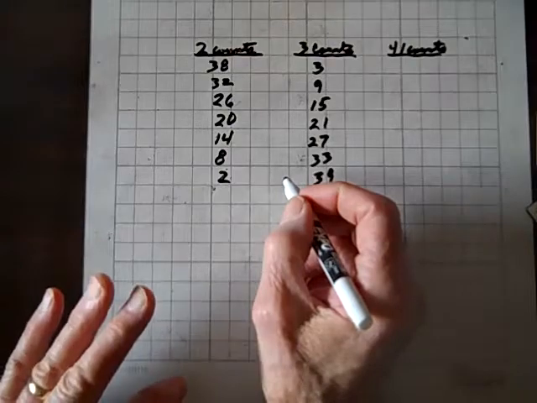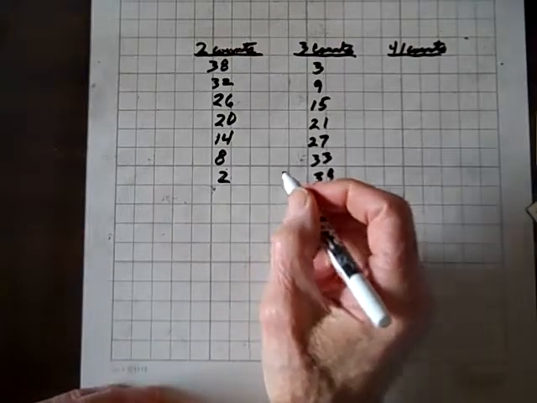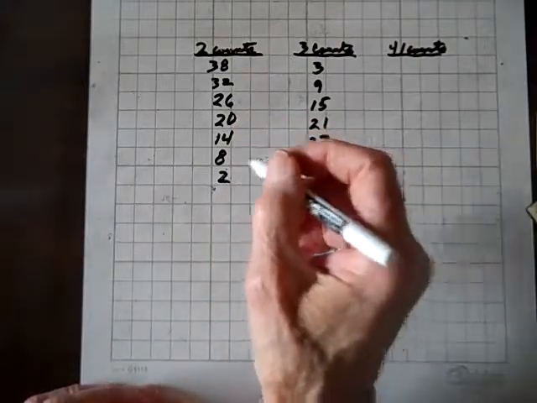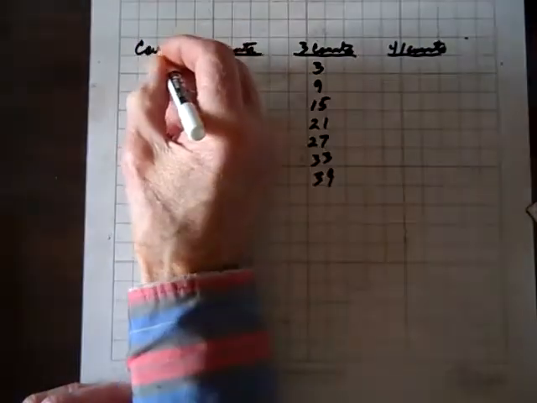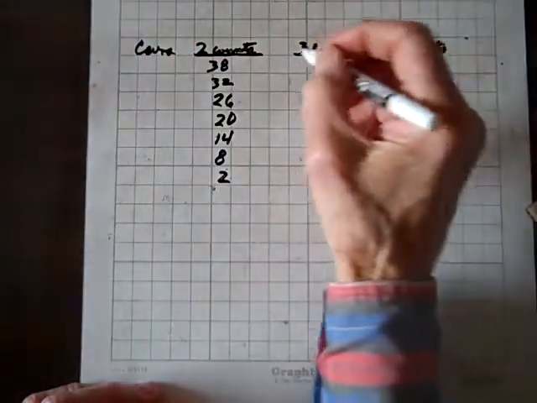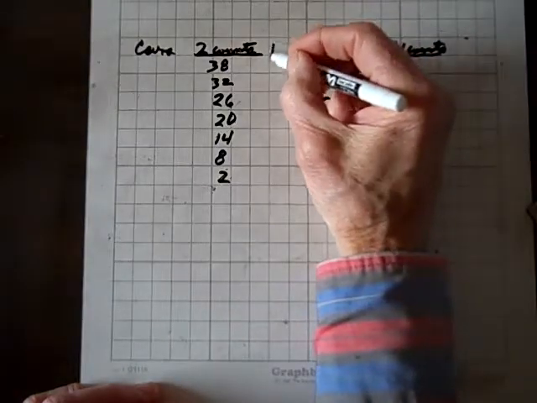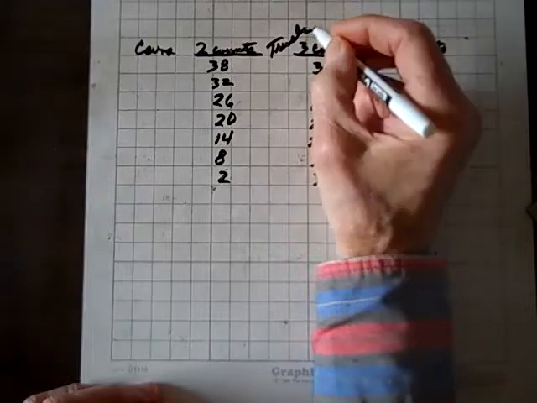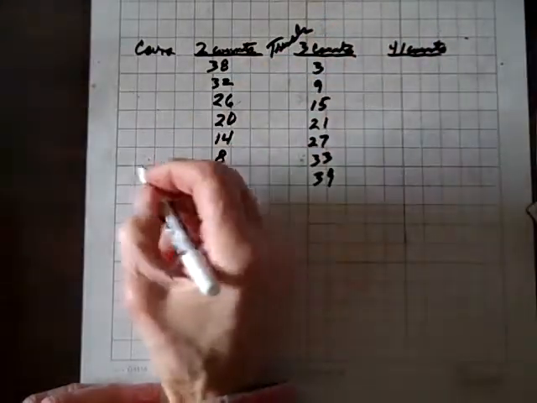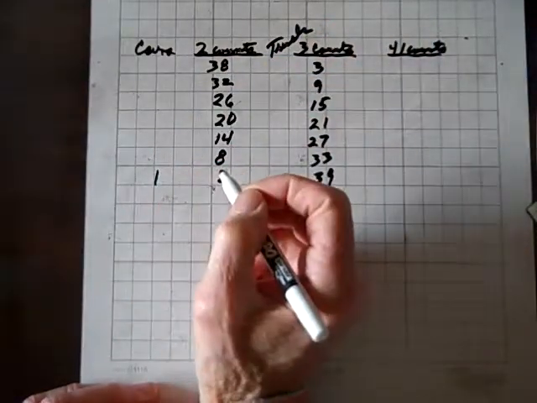So, therefore, how many cars? Let's count the number of cars, and here the number of trucks, T-R-U-C-K-S. So here we're going to get one car.